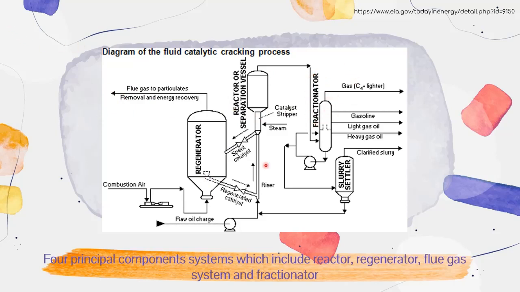In the FCC unit, heavy hydrocarbons from crude oil are cracked into smaller hydrocarbons, and that's how the name cracker exists, which are then processed into gasoline and other fuel products, which is here. The fractionator then produces gasoline, light gas oil, and heavy gas oil.